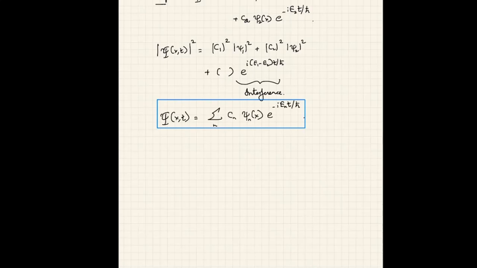This is how far we can go if we don't know anything about the potential. Once we know what the potential is, we can solve for psi n of x by solving the time-independent Schrodinger equation. Each one of these solutions, psi n e to the minus i En t, the ones that we get using the variable separable method, is actually called a stationary state.